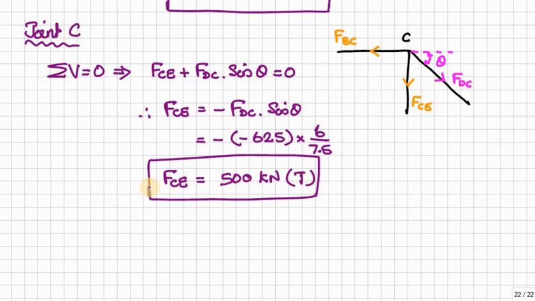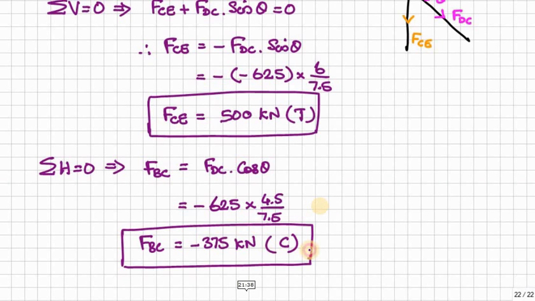Therefore this is equal to 0. Therefore F_CE is equal to 500 kilonewton, which is tension. Similarly, applying sigma H equal to 0, we get F_BC equal to minus 375 kilonewton. That means compression.